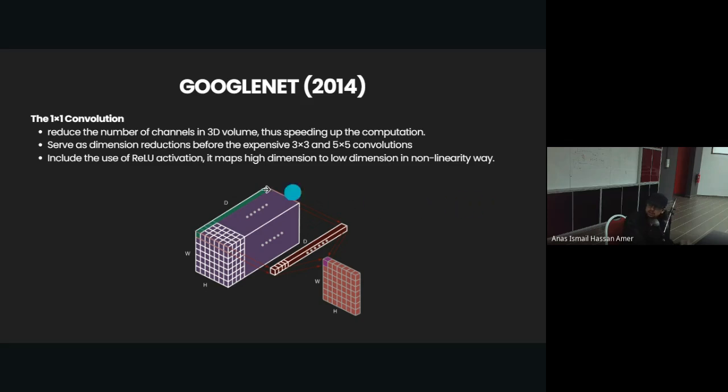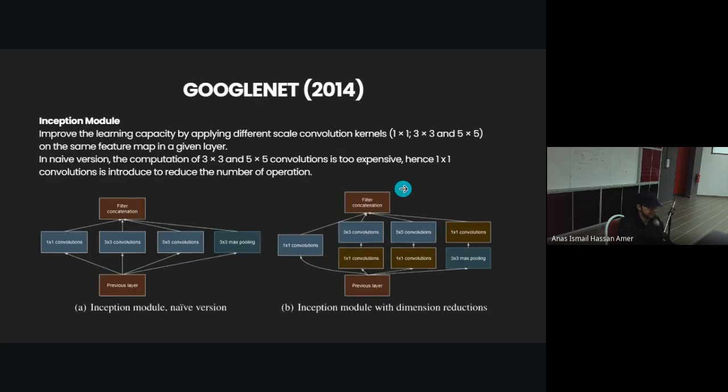Okay. And it already is non-linear. Nice. So this is how you can afford to have so many layers, but still maintain fewer parameters and also less computation compared to AlexNet.